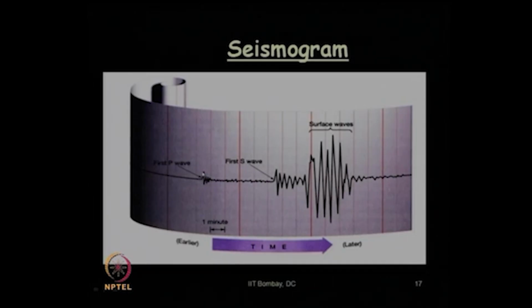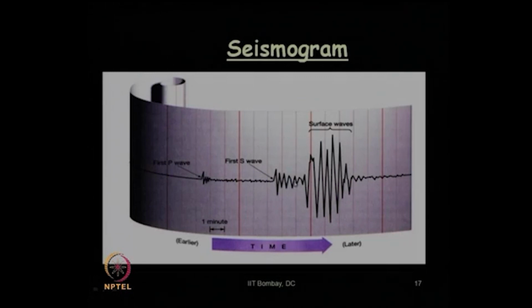Then when earthquake waves reach the station where the seismograph is located, it will start getting disturbed or excited and recorded, and after some time you will notice it has stabilized for a couple of seconds or even minutes. Then we will find another excitation came, of larger magnitude than the previous one.